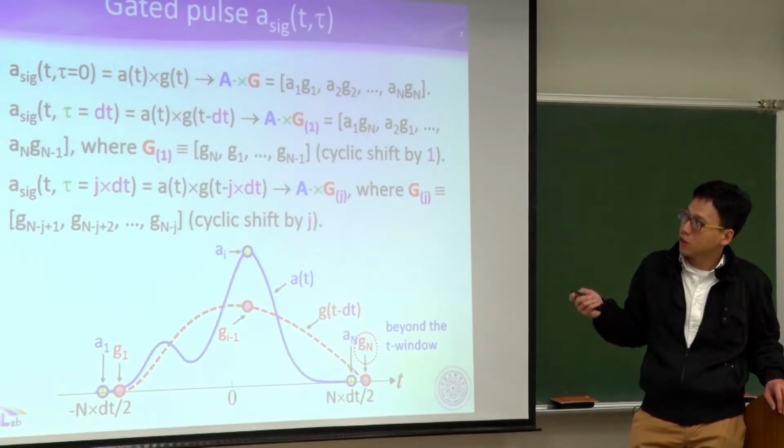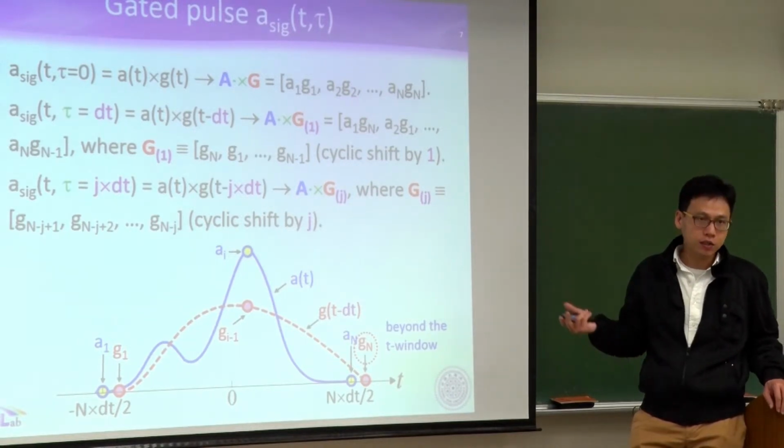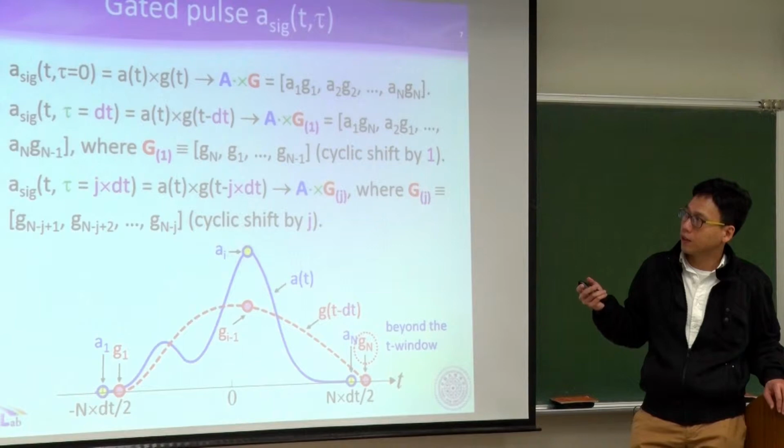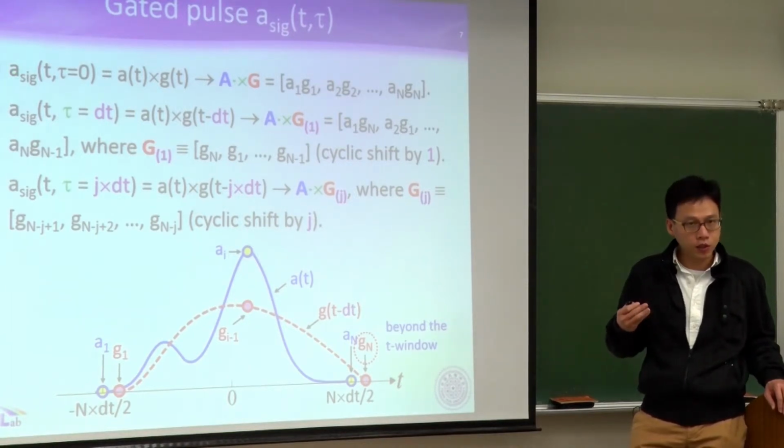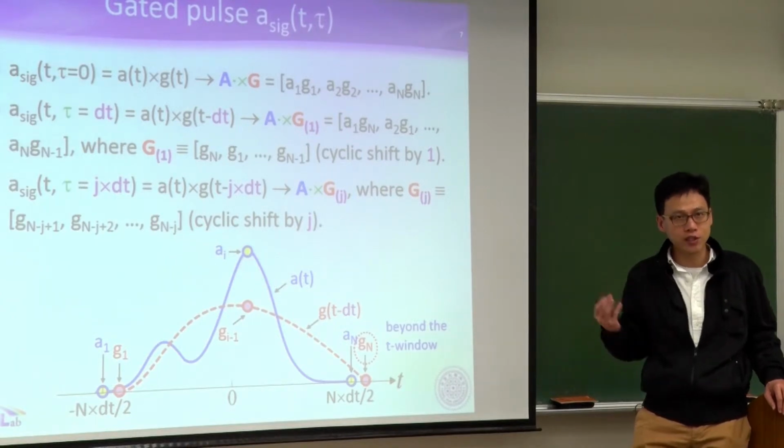If you can do that, you can generate the matrix representing A sub sig for arbitrary delay. So it's already closer to the Floch trace, right?